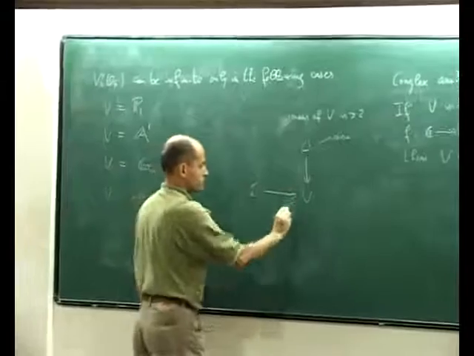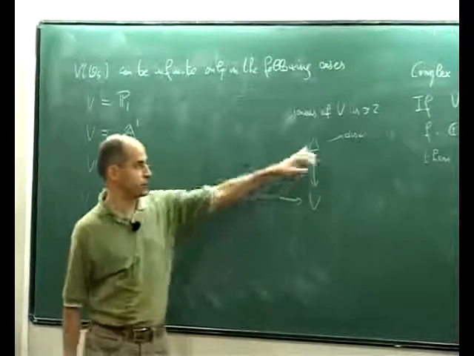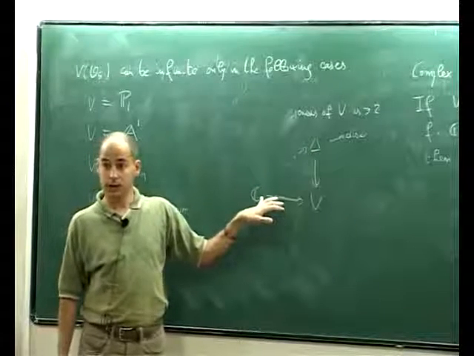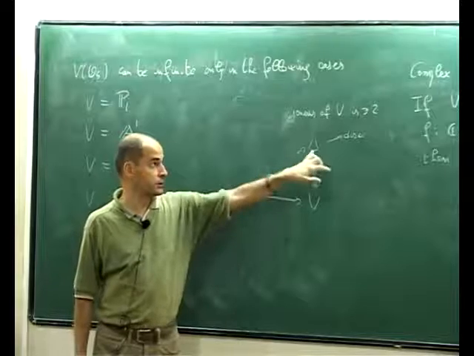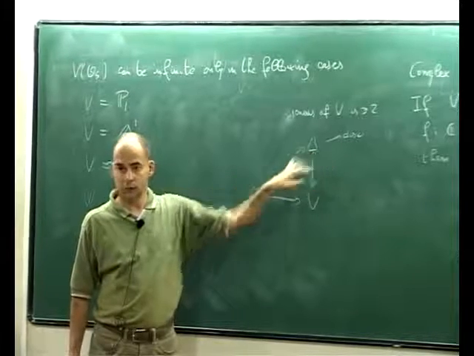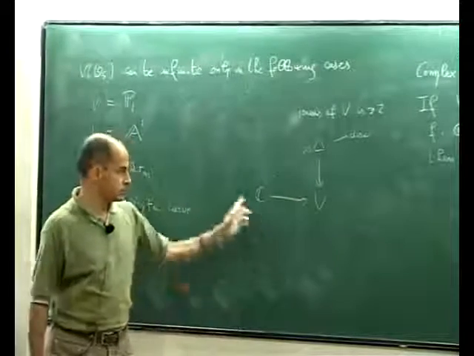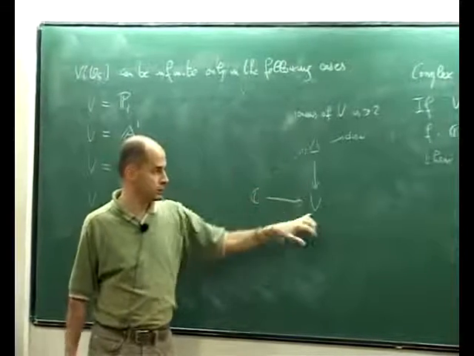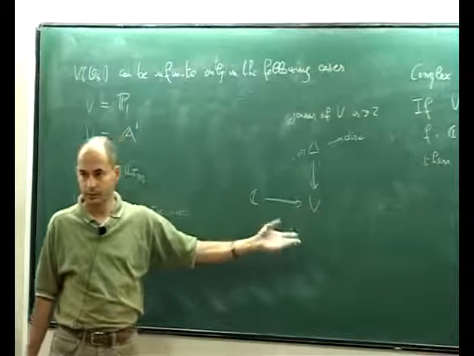Every map from C to V lifts to a map from C to Delta because C is simply connected, and an entire function which is bounded is constant. So this map will also be constant. So this is the analog of Faltings' theorem that rational points on V are finite.